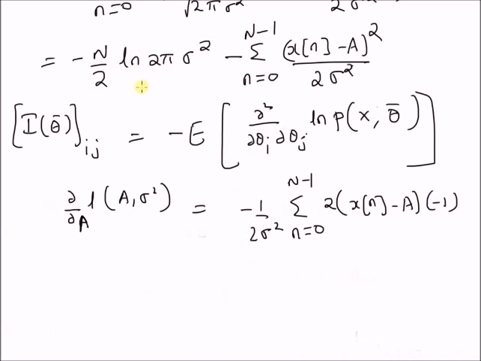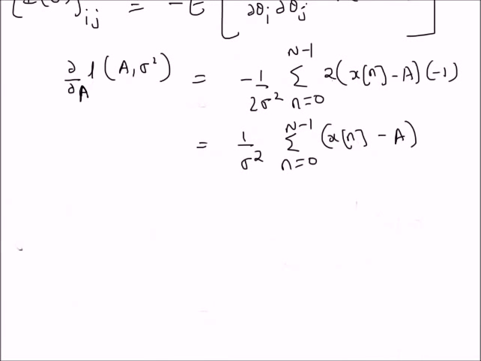And obviously the derivative of the first term is equal to 0. So we are left with 1 by sigma square summation n equal to 0 to N minus 1 of x of n minus a. So this is the first derivative with respect to a of the log likelihood function.